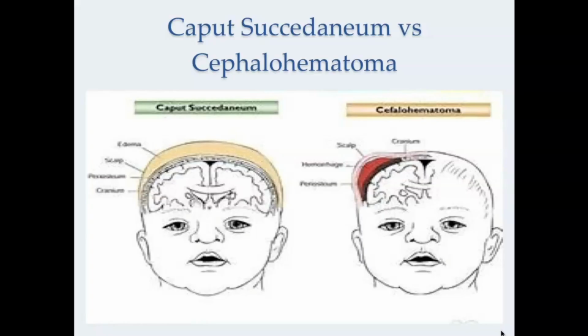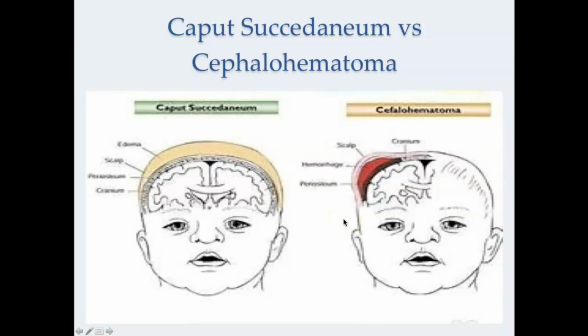So what causes a cephalhematoma to happen? Typically, when babies get cephalhematoma, it's because of trauma that occurred during the delivery. It can also occur from vacuum or forceps use. So if you look at this photo here, caput crosses the suture line, meaning it goes all the way across and crosses the suture lines here.